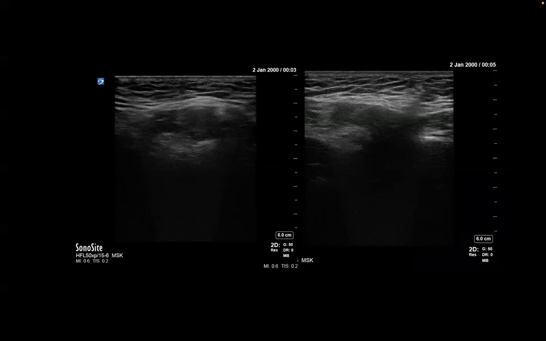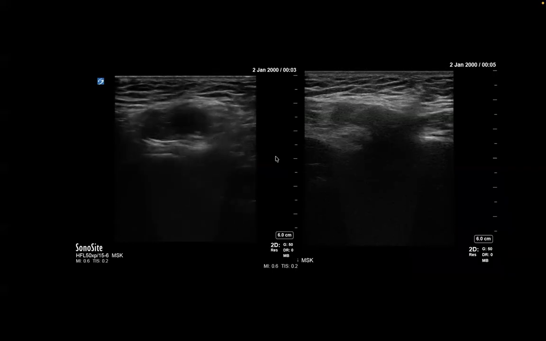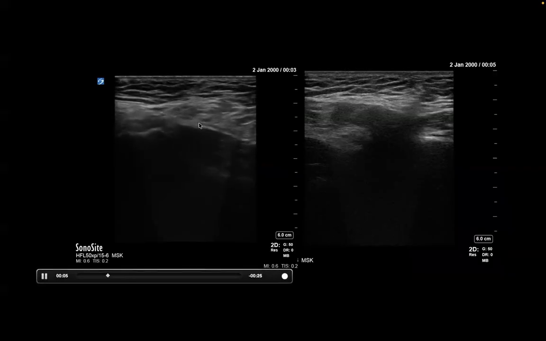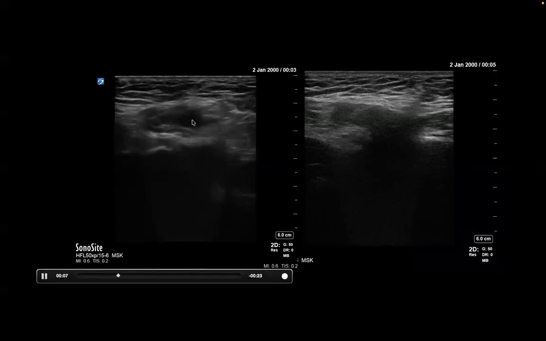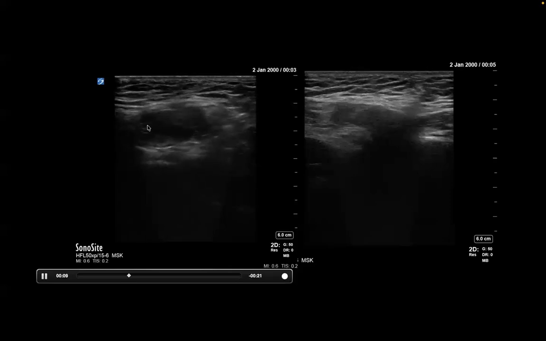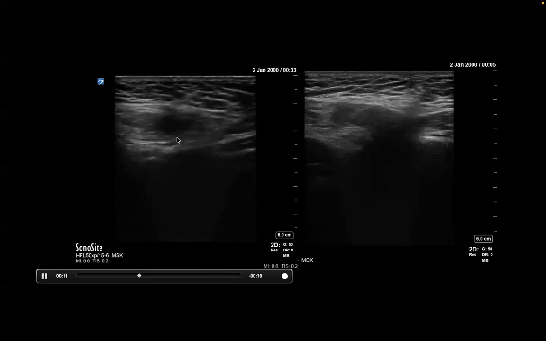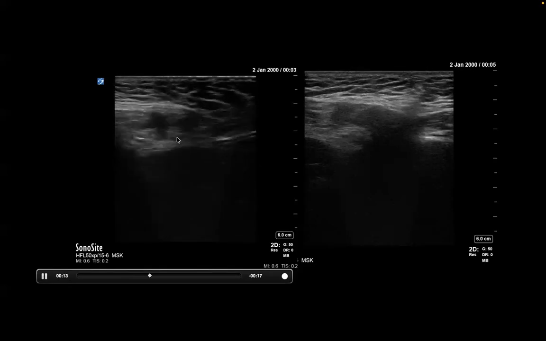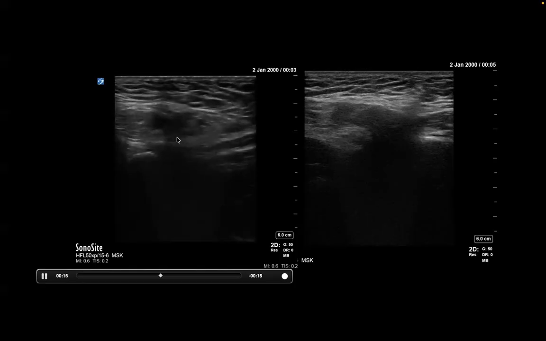Well, by placing the probe right where the patient is experiencing this discomfort, you can see that right here, there is a bulge that comes straight out into the screen. And as the sonographer pushes on this area, it also reduces back in.